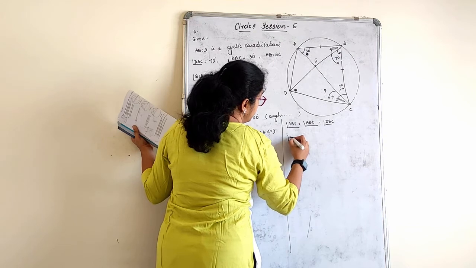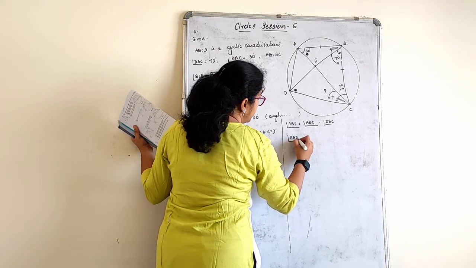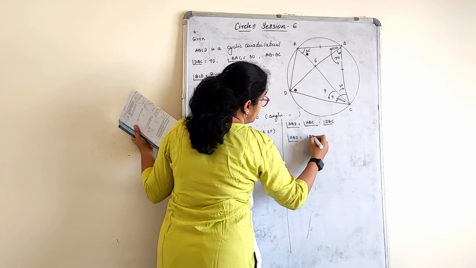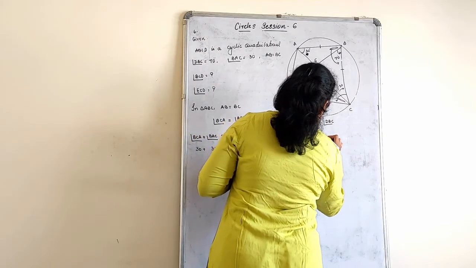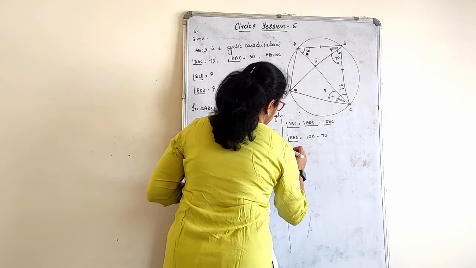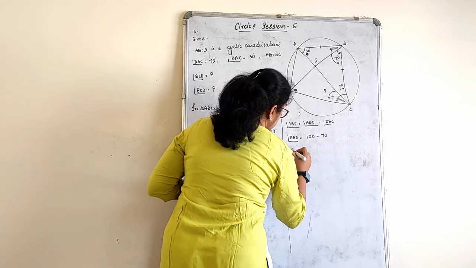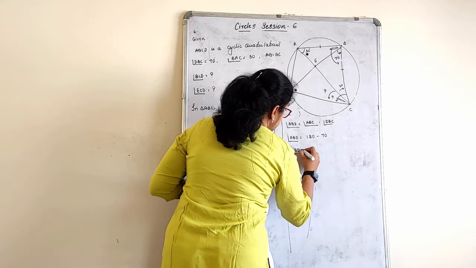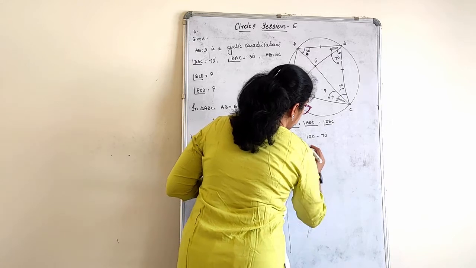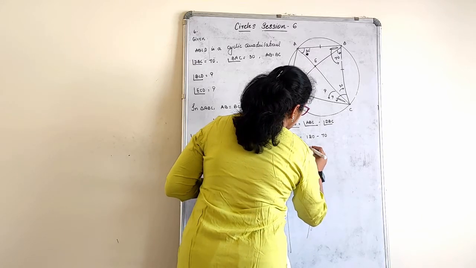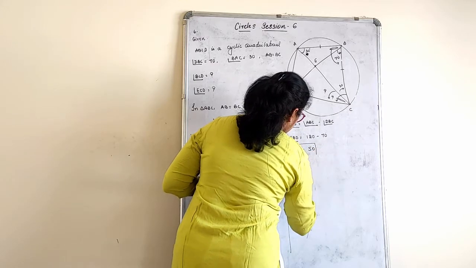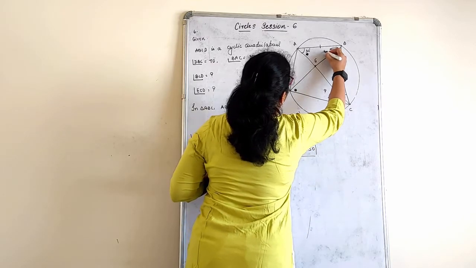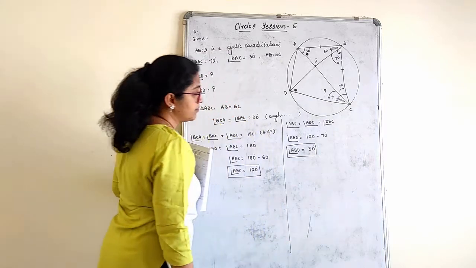So angle ABD is equal to 120 minus 70. Angle ABD is equal to 50 degrees. This part is 50 degrees.